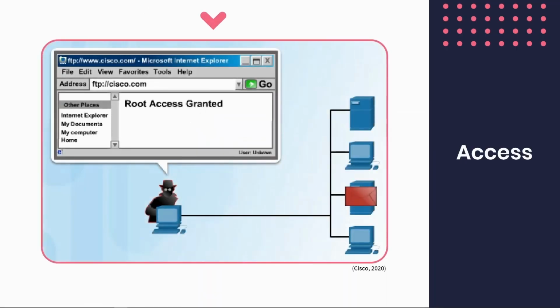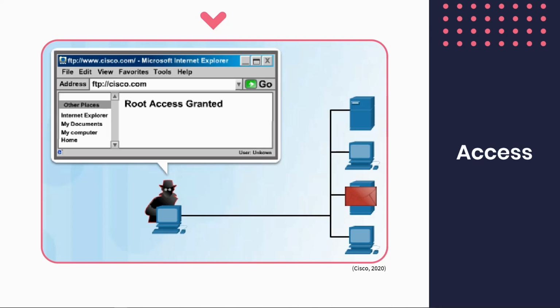Once the threat actor has all of the information he or she needs, accessing a network is relatively easy. Let's imagine that while doing the reconnaissance, the threat actor notices that an FTP, remember, that's a file transfer protocol, port 21 was open. So he or she can use that to try and gain access.